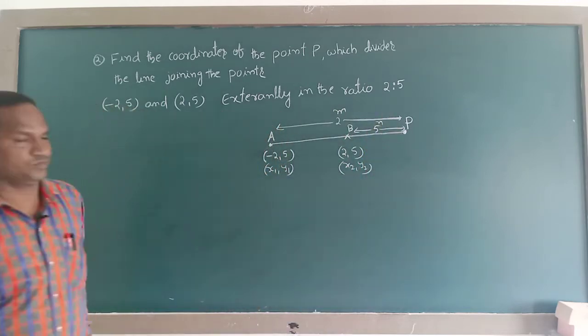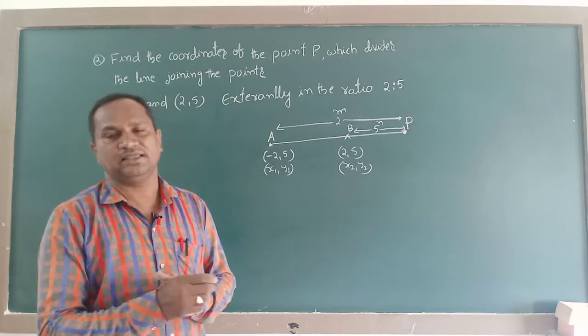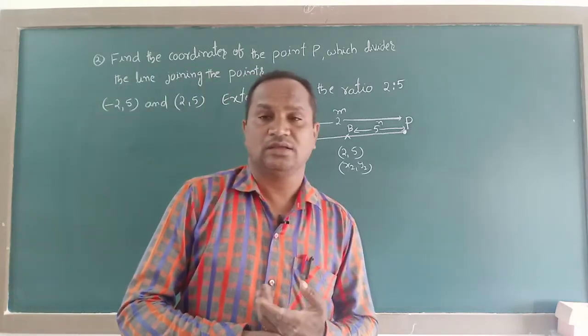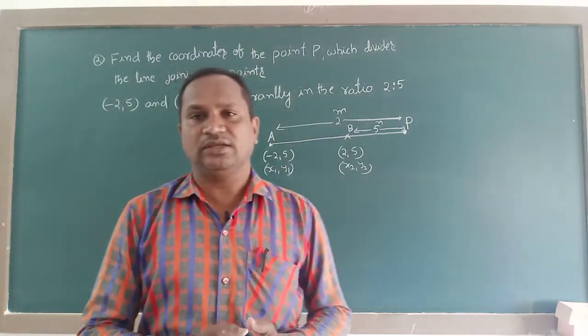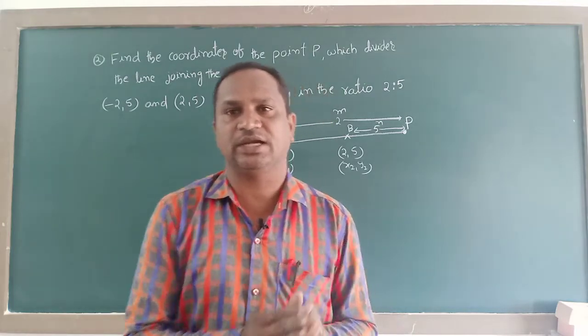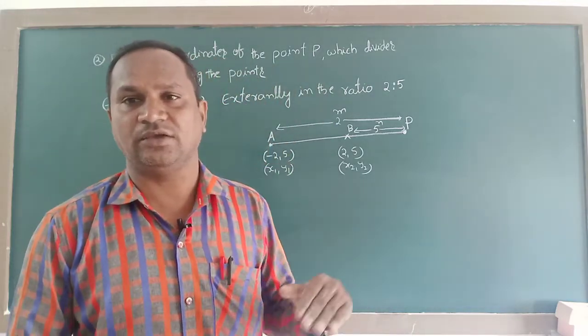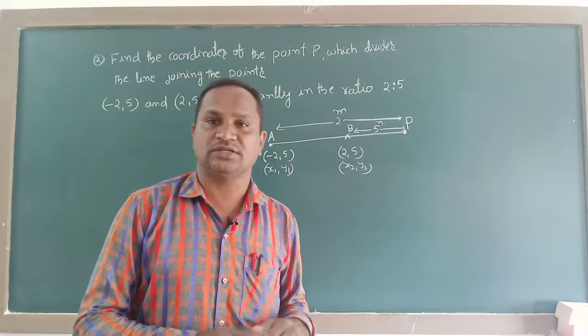Now in this case, we are going to apply the external section formula. That is different from the internal section. In the internal case, we take addition, but in the external case, we take subtraction, that is minus.